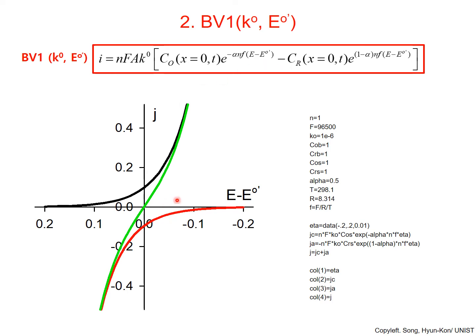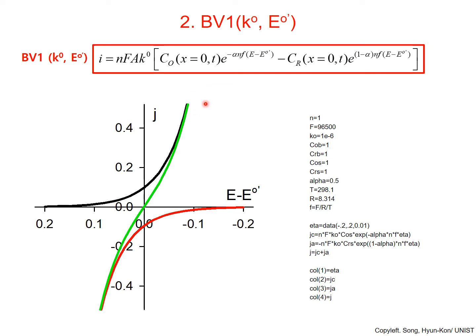So let me scan the potential from the very positive value to the negative value. In that case, the cathodic current is exponentially increased. However, at the same time, the anodic current is exponentially decreasing. So at the high negative potential, you could find the cathodic current, the sign of which is positive.